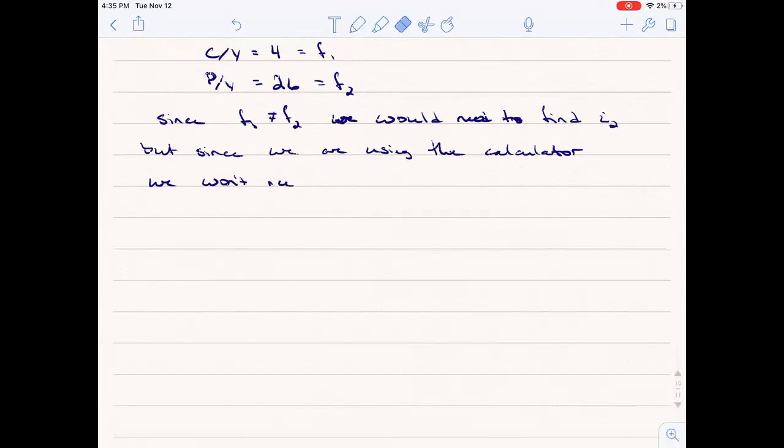Now, in the past, I've actually made calculating I2 part of the timeline, which means that you would have to calculate I2 if you're using your calculator. But most people were forgetting it, and do they really need it? No, not really. So I've decided that if you're using your calculator, you don't have to show I2.